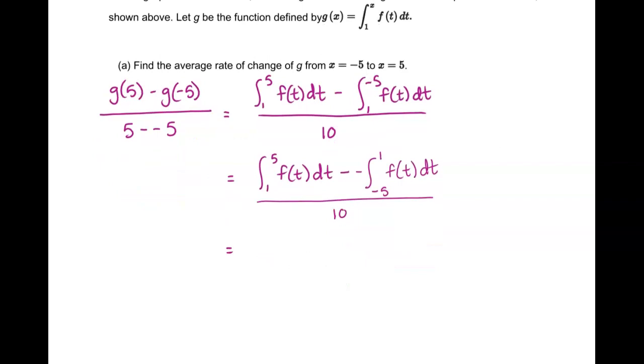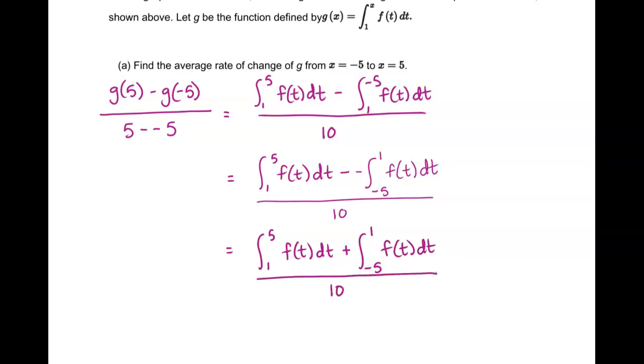So we're really finding the integral from 1 to 5 of f of t dt minus a negative turns to plus the integral from -5 to 1 of f of t dt over 10.